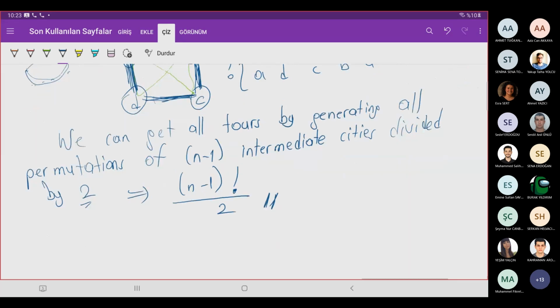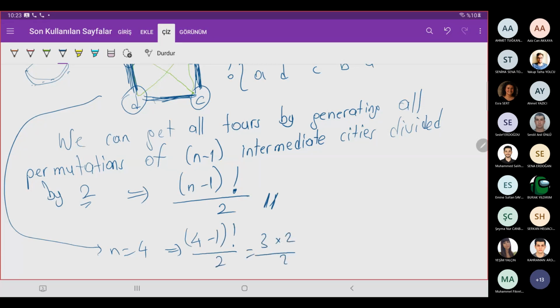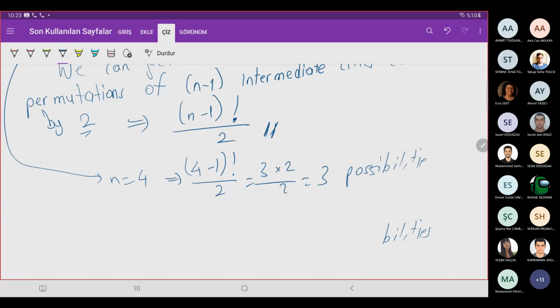So for instance, here with n equal to 4, I have (4-1)! over 2, which is 3 times 2 over 2, which is 3 possibilities. There are 3 possible cycles, enumerations: A, B, C, D, A; A, C, B, D, A; and A, D, B, C, A, I think.